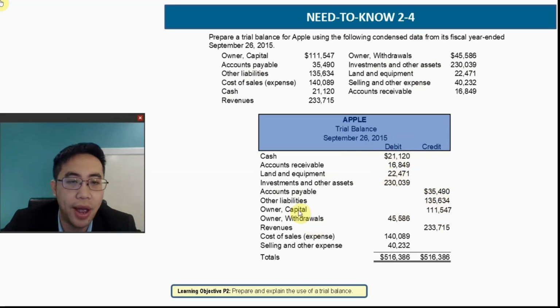And then you also have owner's equity, owner's withdrawals, and also revenue being put in there. So you will see that after you add all these items together, combining revenue and expenses of course, it will give you a total debit that is equal to a total credit.